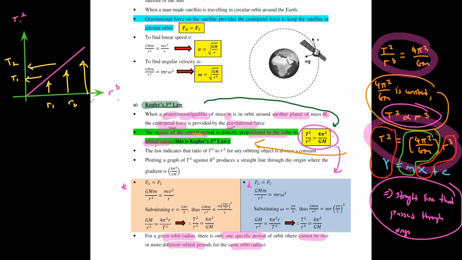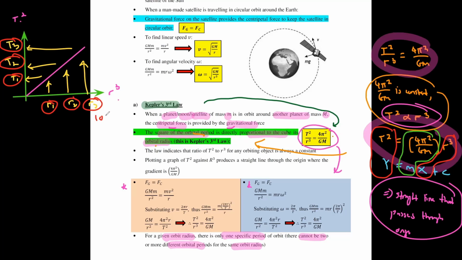And if you have R3, you're only supposed to have T3. So one value of radius will give you one value of period. If you have another different value of radius, you will have another different value of period. For one particular radius value, you're only supposed to have one particular period value.